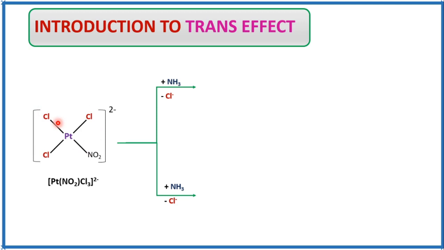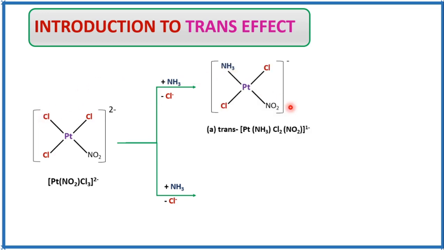Whenever we substitute a chloro group with ammonia, there are two possibilities. We can substitute this chloro group or either of these two chloro groups. Let us suppose we substitute this chloro group first. So we will get a trans complex, because we are replacing this chloro group and putting an ammonia ligand here.